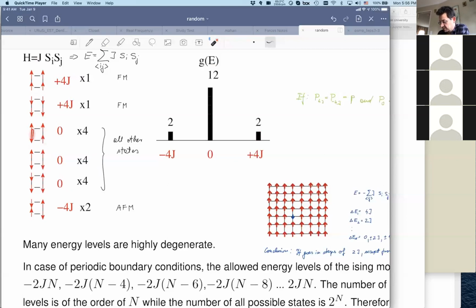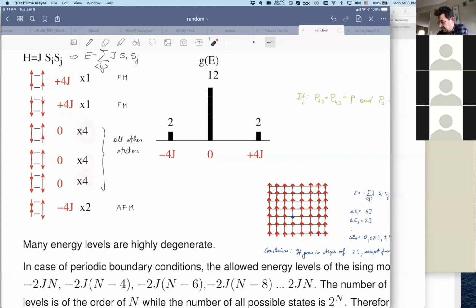So this contributes minus 2, and this one contributes plus 2, so the energy is 0. Similarly here, you can convince yourself that the energy is 0, and the same here. So all other configurations have energy 0.